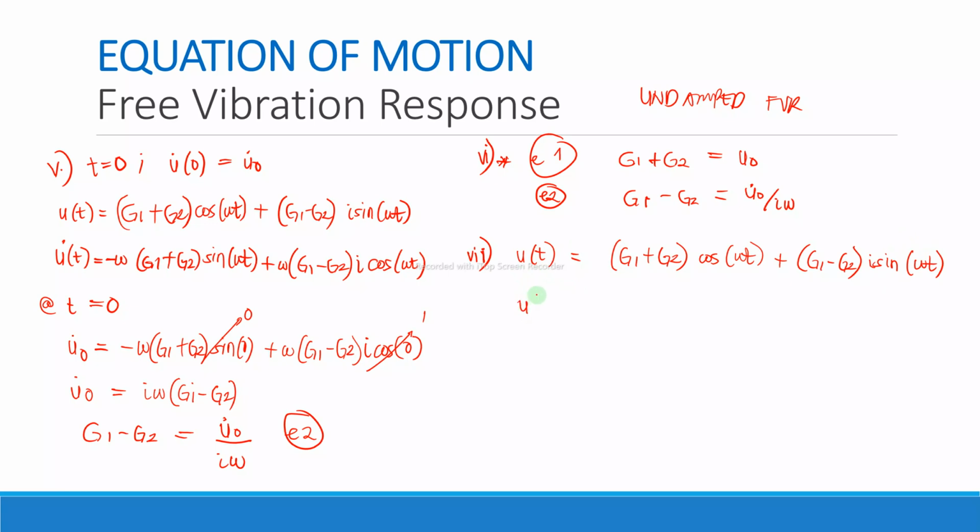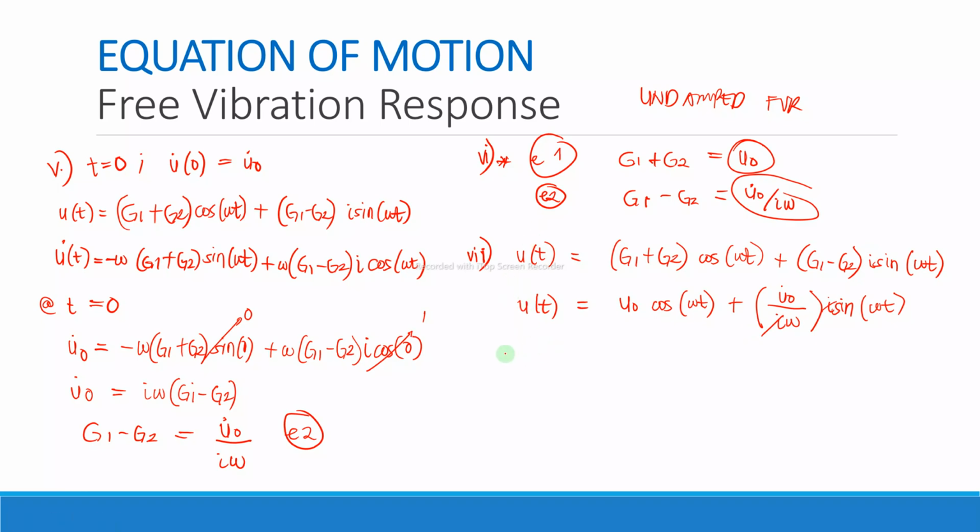So we'll have u of t is equal to, our g1 plus g2 that is equal to u naught, so we have u naught times cosine omega t plus our g1 minus g2 that is u dot naught over I omega, times I sine omega t. Now, we can cancel the I because there is I in the numerator and denominator.